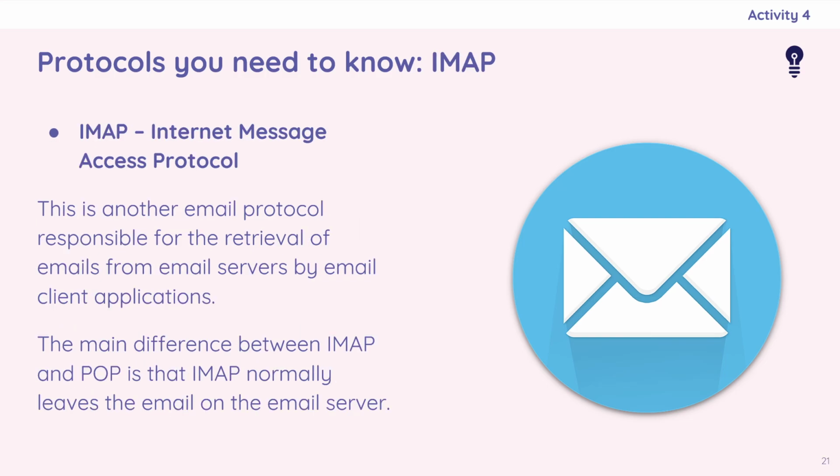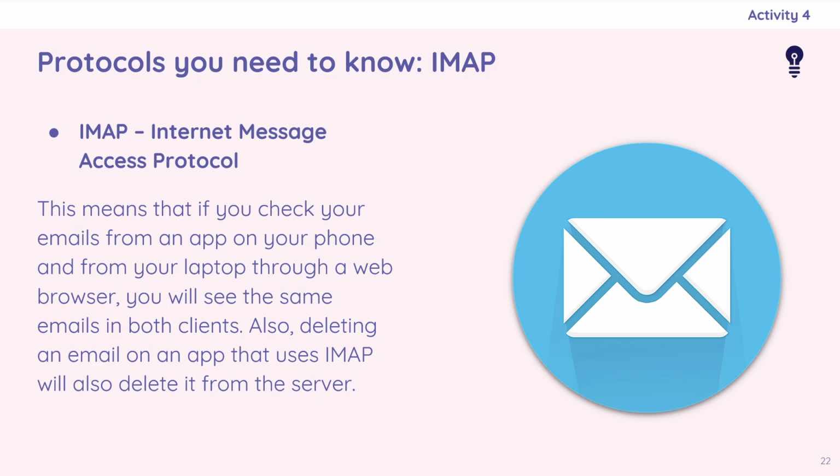Although these days you're more likely to see IMAP, which is where they are sent from an email server to an email client application. And those are usually typically used in combination with each other. That means that if you check the emails on your phone and your laptop, you'll see the email in both clients, and if you delete the email in one of them, it will delete in both too.